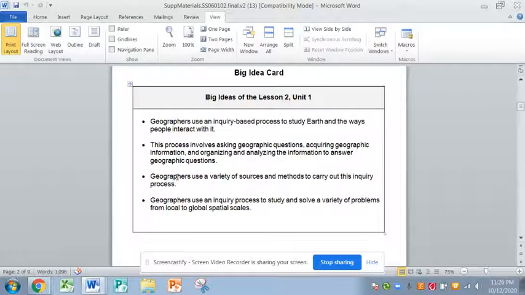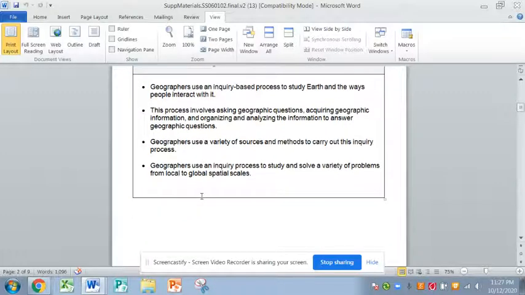Geographers use a variety of sources and methods to carry out this inquiry process. And geographers use an inquiry process to study and solve a variety of problems, from local, which is like our local neighborhood, to global, which is worldwide, spatial scales. Again, spatial scales is a term from last lesson with the bullseye and the Tupperware containers. Think small like city, think big like continent and worldwide.